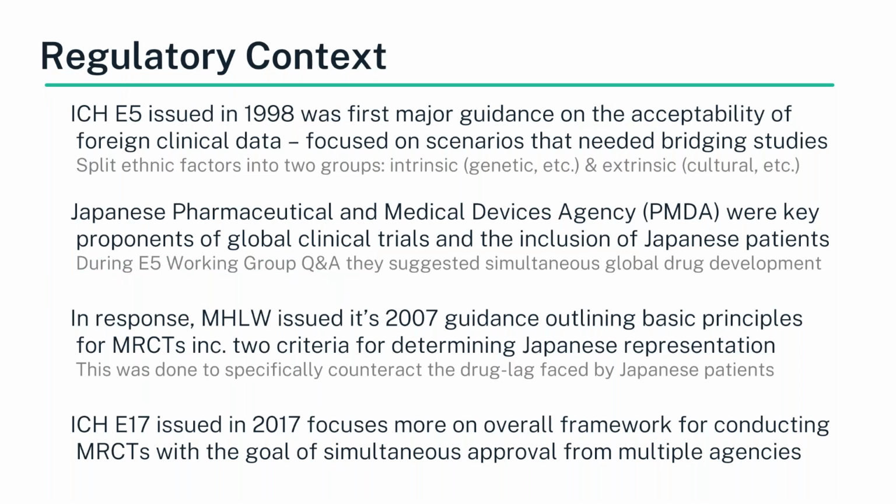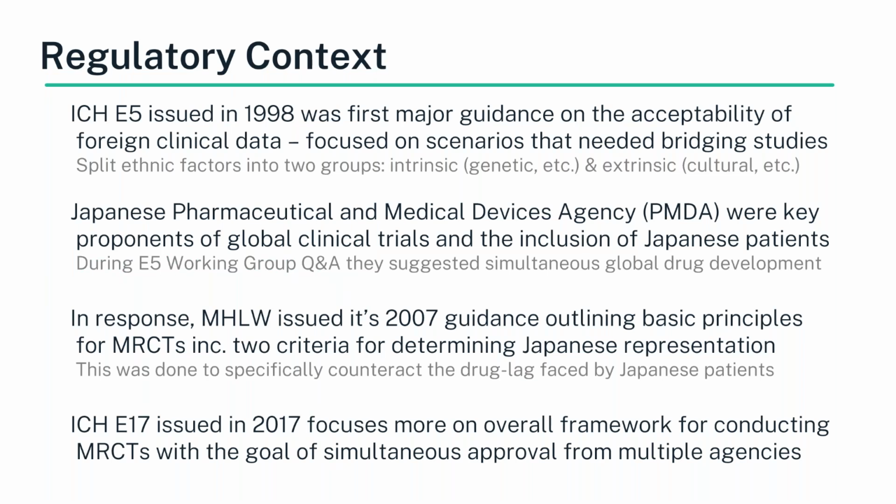And so this was obviously a very important first piece of guidance, but it still didn't cover all of the scenarios for maybe moving towards a global trial rather than just a bridging study.